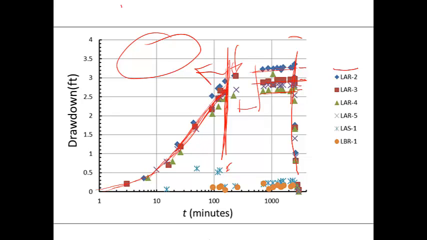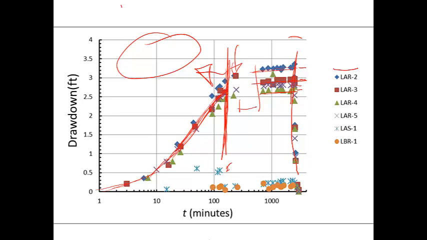And so that can be analyzed by the Jacob analysis or the Theis analysis, and we get some pretty good results. But then at about this time something happens, and this idealized case that the aquifer is of infinite lateral extent really starts to fall apart. And it has to. We can't have an aquifer of infinite extent.